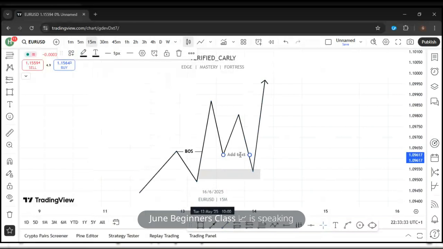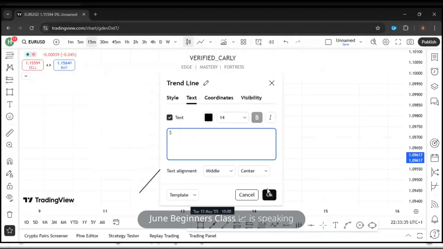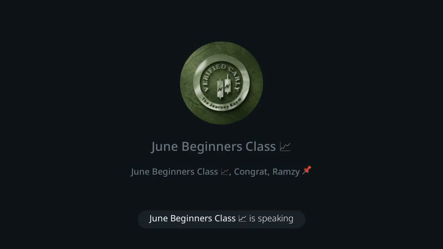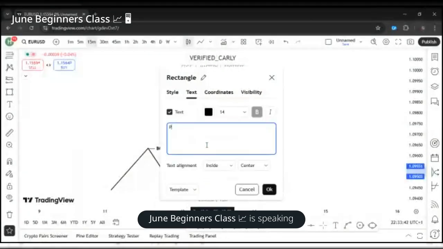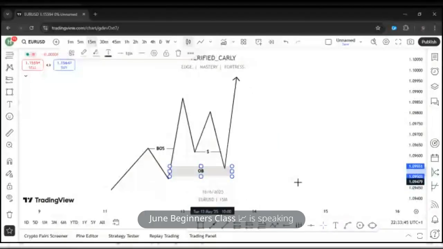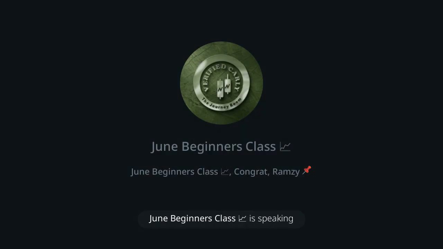It can be like this. You can see it like this. Then this right here might be your order block. This is a normal entry. You can also see it like this.